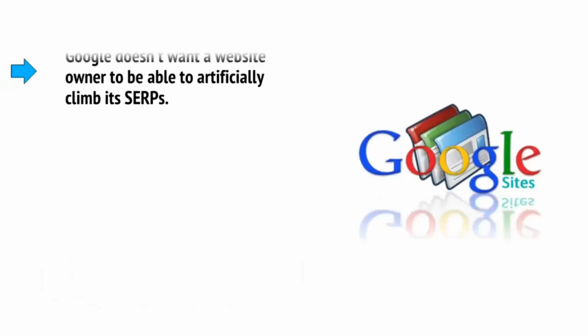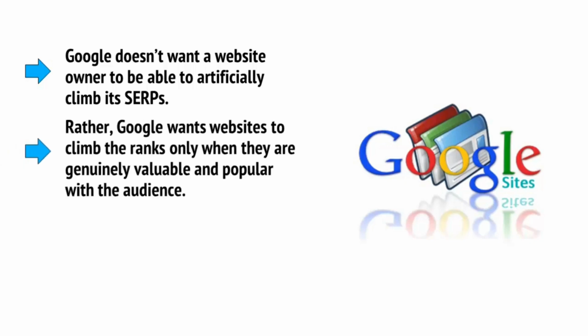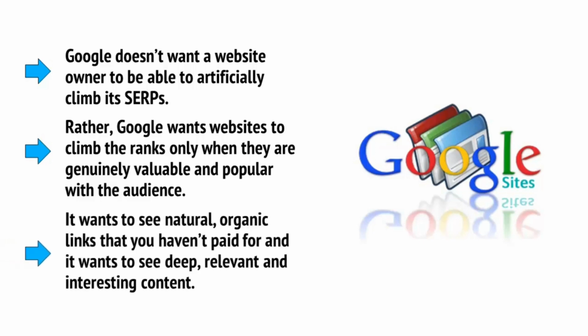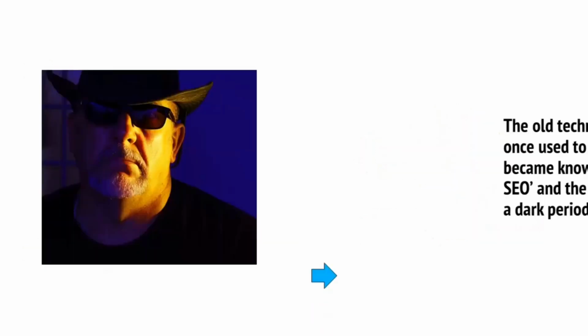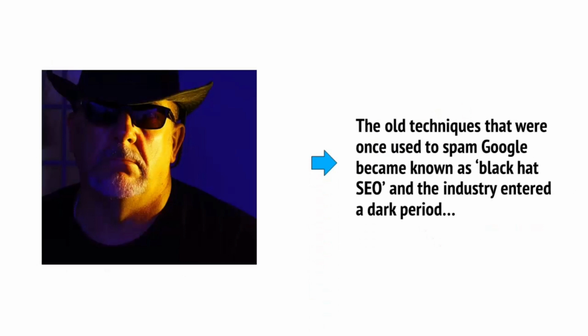Google doesn't want a website owner to be able to artificially climb its SERPs. Rather, Google wants websites to climb the ranks only when they're genuinely valuable and popular with the audience. It wants to see natural, organic links that you haven't paid for, and it wants to see deep, relevant, and interesting content. The old techniques that were once used to spam Google became known as black hat SEO, and the industry entered a dark period.